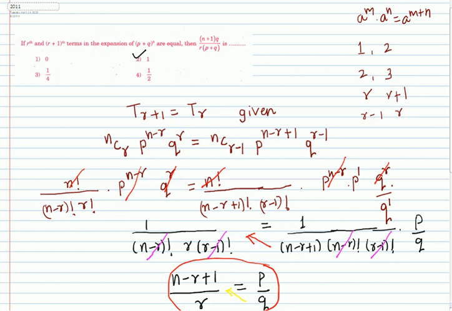Okay, let's go for the next problem. The 13th term in the expansion of (x square plus 2 by x) to the power n is independent of x. So what they have given, the 13th term, t13, is constant.